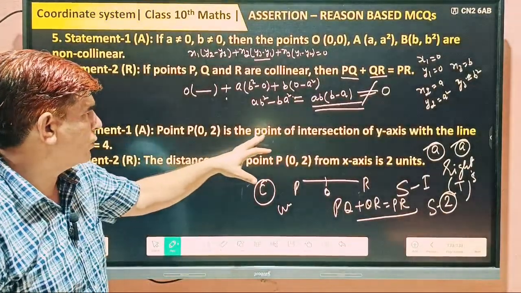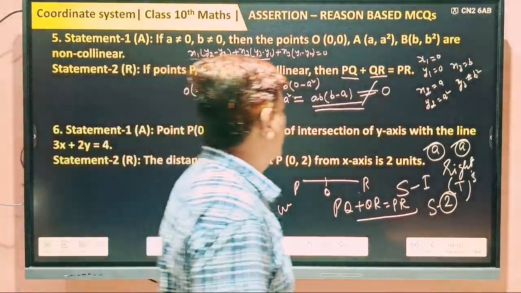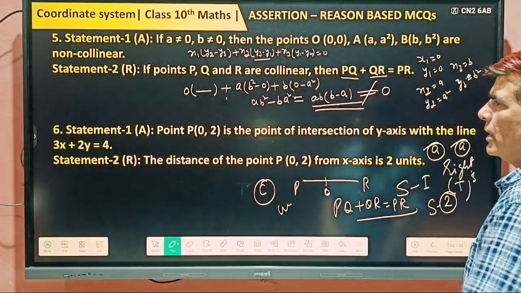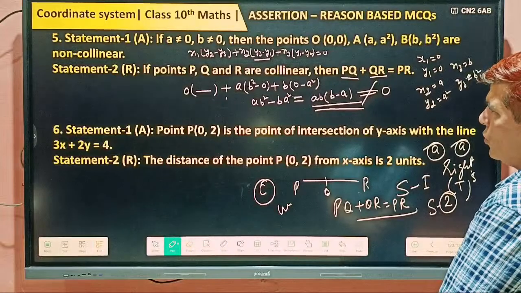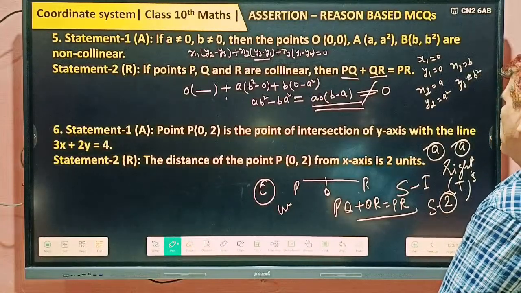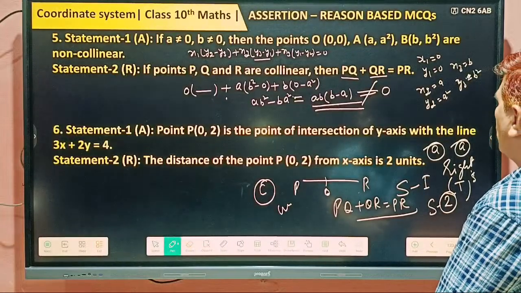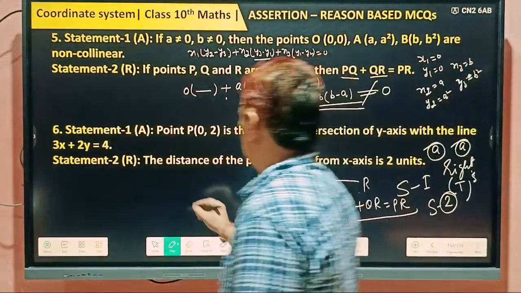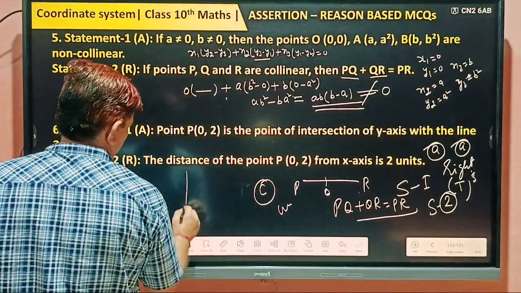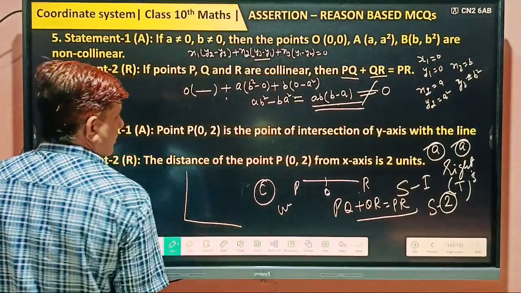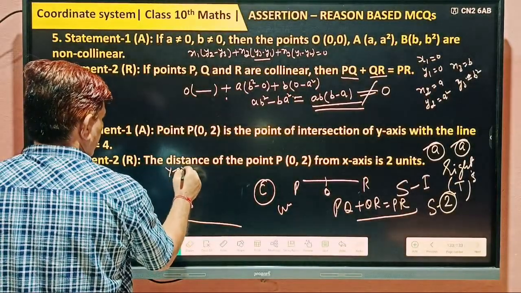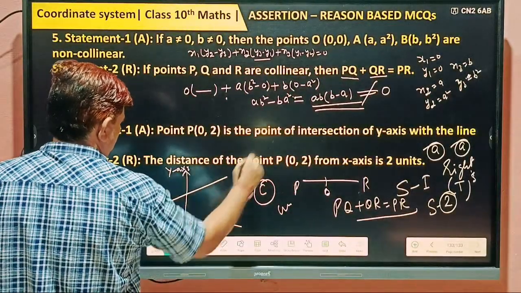Point (0, 2) is the point of intersection of the y-axis with the line. What's given? Point (0, 2) is a point of intersection of the y-axis with this line. So this is the y-axis, and the line passes through like this.